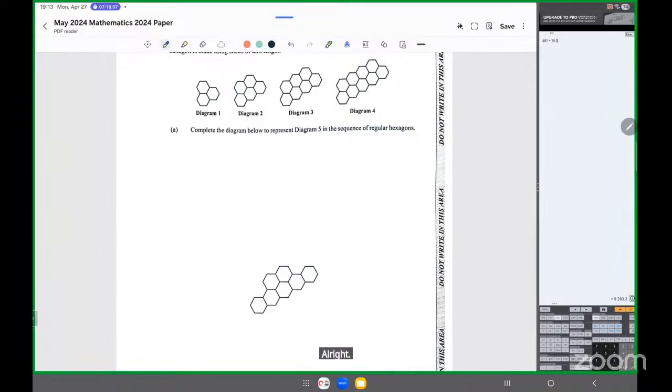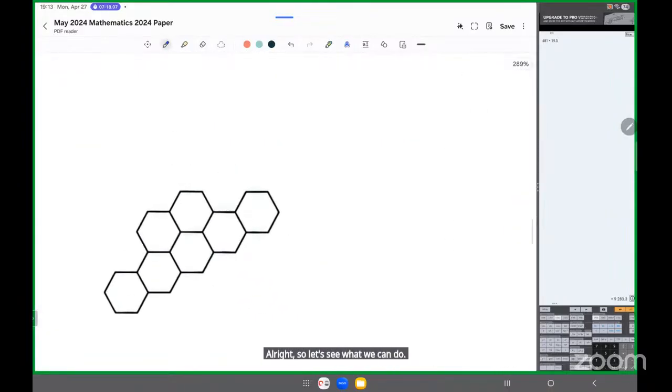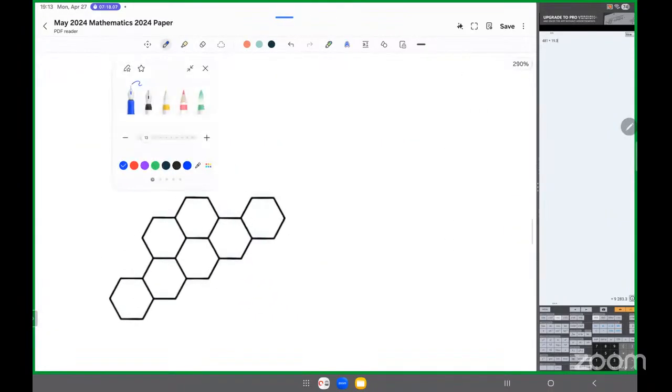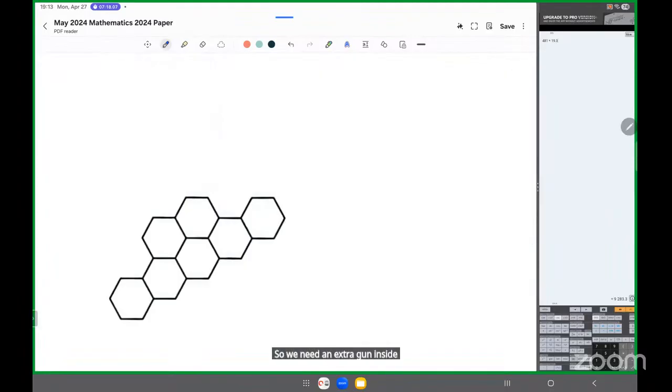So let's see what we can do. We need a hexagon inside here. So this is missing from here. And what is missing from here? What is missing from over here?